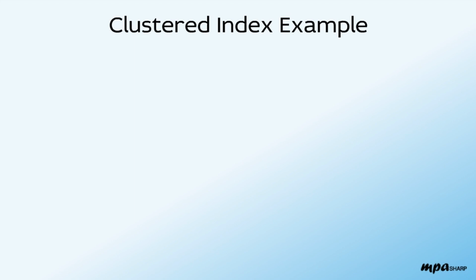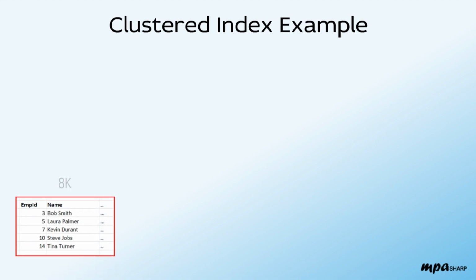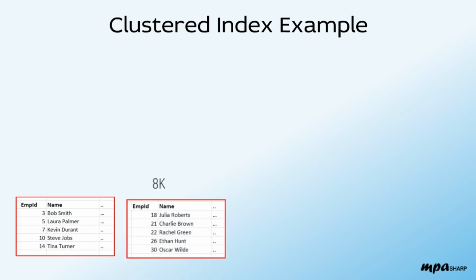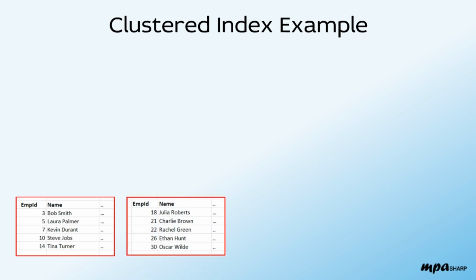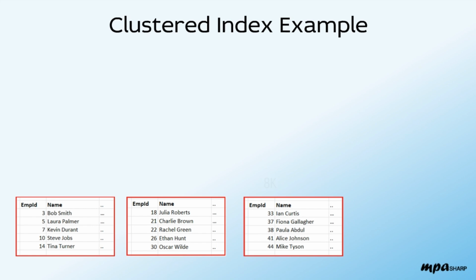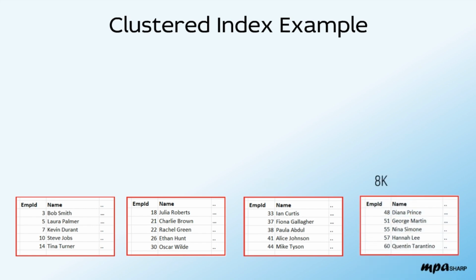When SQL Server creates a clustered index, it puts all data pages at the leaf level node. Let's assume one 8K page in the leaf level can only fit 5 records from our example employee table. However, in reality, this will be different based on the size of the row and data in the column. So it's just an assumption for this illustration.